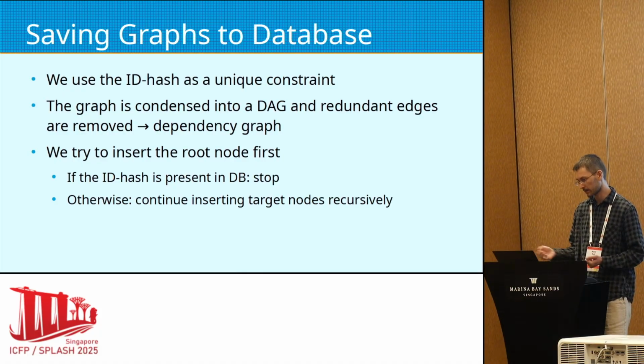We just stop and everything is solved. Otherwise, we continue recursively inserting the target nodes, traversing this directed acyclic graph. Again, we continue until we find some ID hash which is already present, and then we stop.